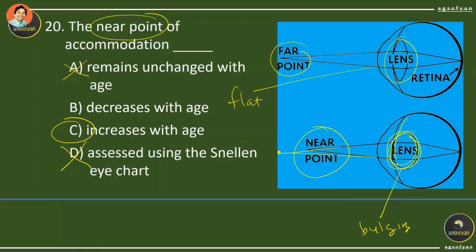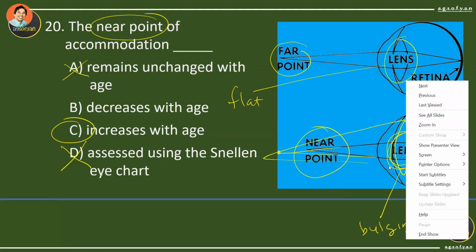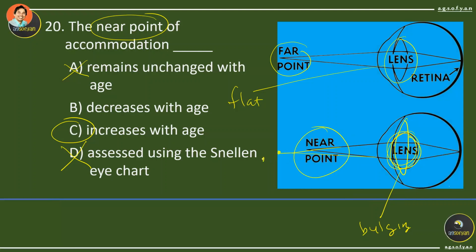Because our lens is not really bulging, it's still kind of flat, the object we see will have to be farther. So our near point will be here. On average, the normal near point for children is around 5 to 6 inches. For us, it may increase to above 10 to 20 inches. That's the increase of near point with increasing age.